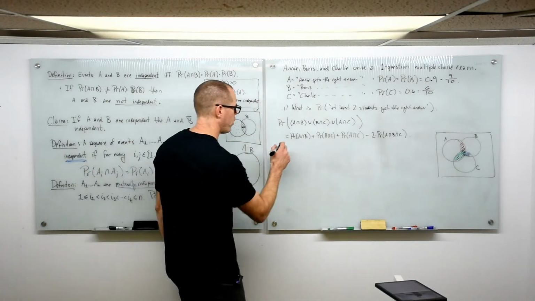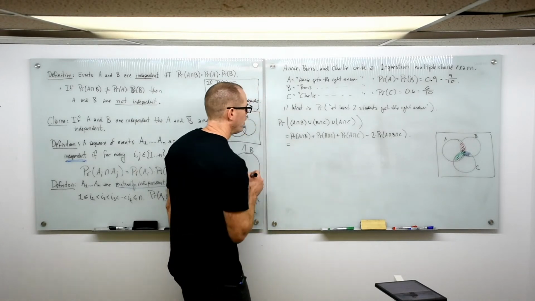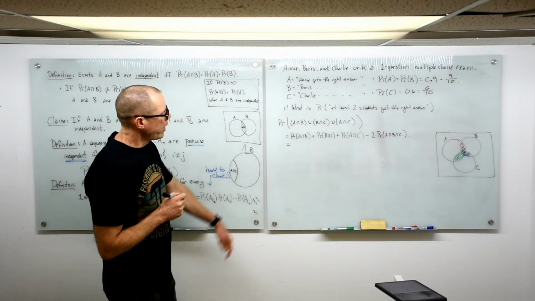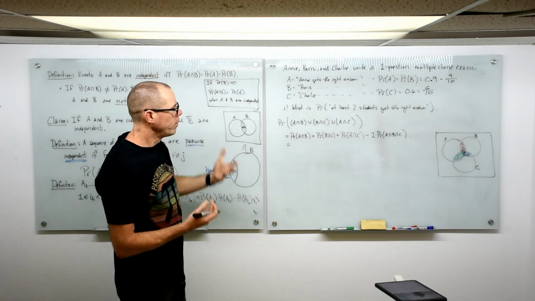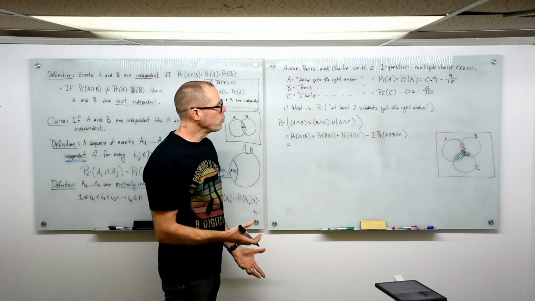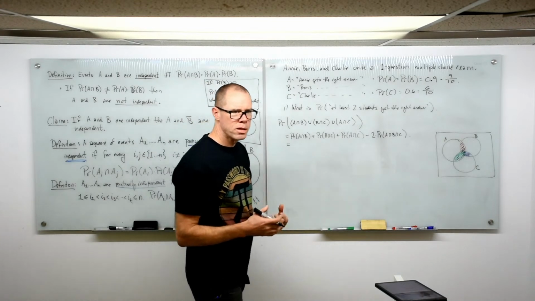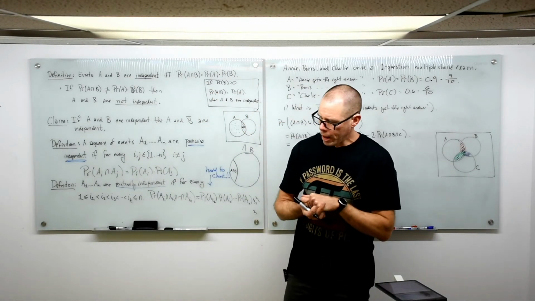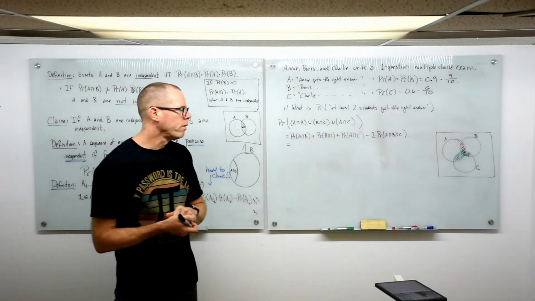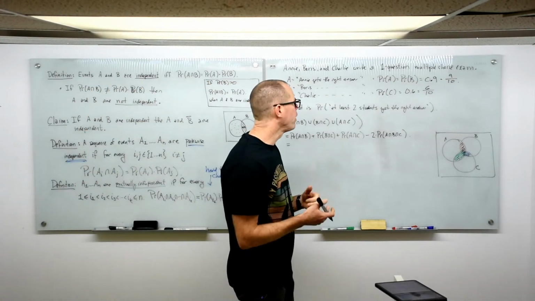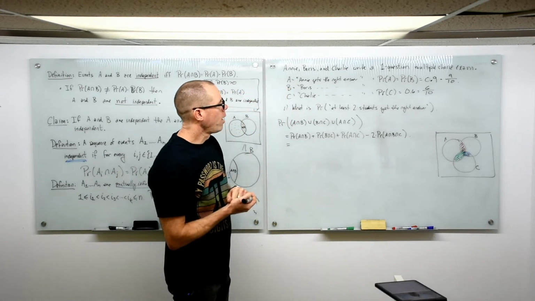So we've worked this out. Now, I didn't say it, but I'll assume that these events, A, B, and C, are independent. So Annie, Boris, and Charlie didn't study together. They don't have any contact with each other when they write the exam.